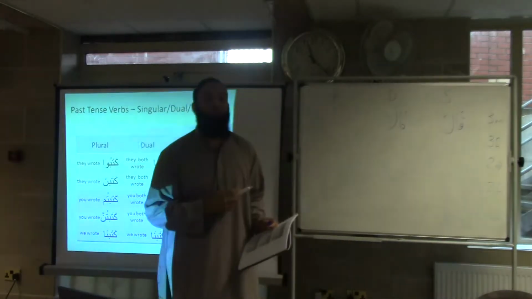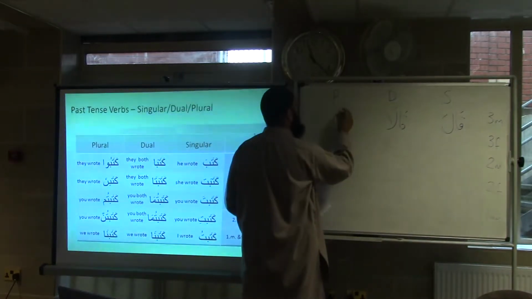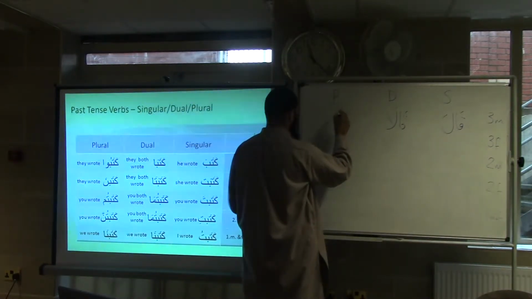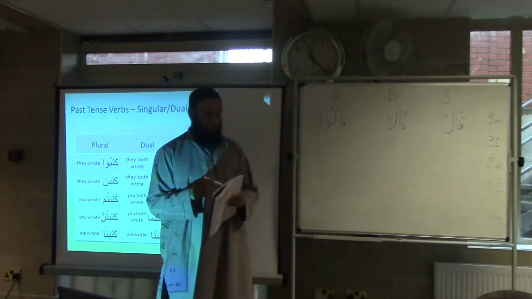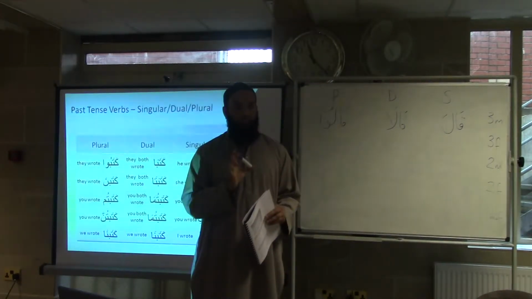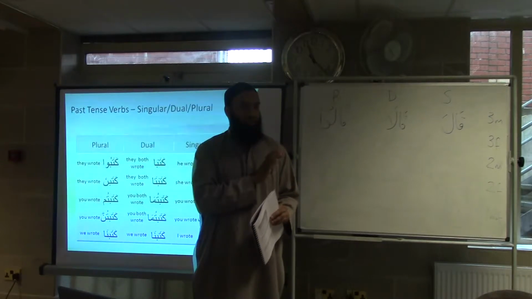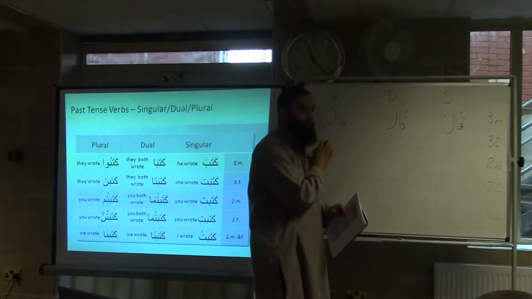They all said. Qalu. Good. And how many times does that come in the Quran? Quite a lot. Qalu means they all said. So far so good. This irregular verb is working in the regular table. Still working. Qala, qala, qalu.